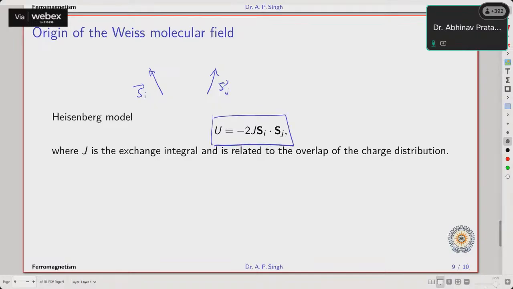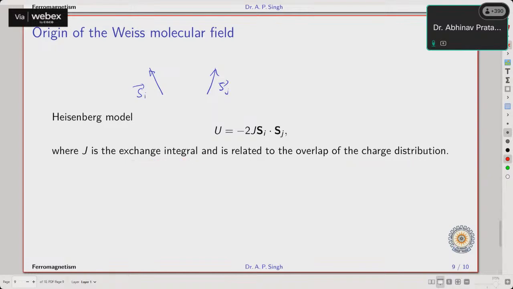Okay, it is saying that this internal energy is depending upon some constant, which we are calling J, then the dot product of Si and Sj. All right. Now this J is actually called the exchange integral, and its value depends upon the overlap of the charge distribution.